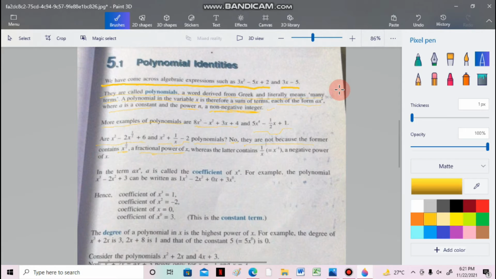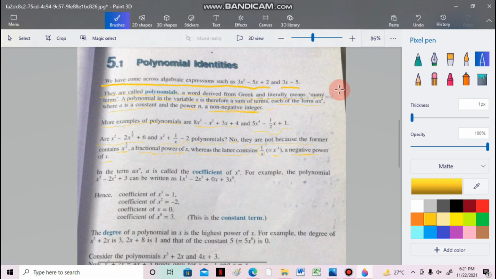Moving on, they are saying whereas the latter contains 1 over x. We know that 1 over x means 1 over x with power 1, right? And when this x with power 1 goes upward, it becomes x with power minus 1. So this is also a negative power, right? Minus 1 is a negative power.